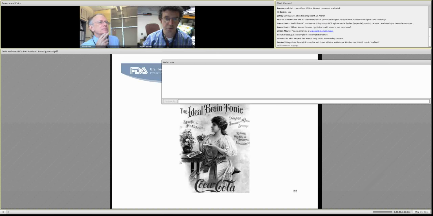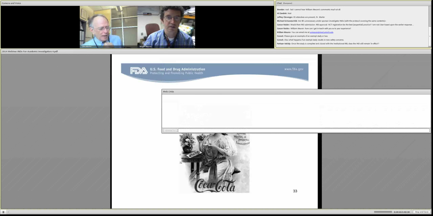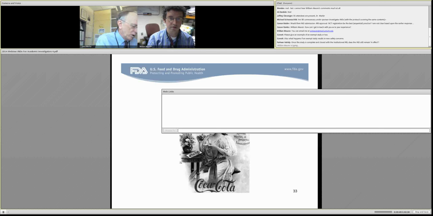Oh, here comes one. Once the study is complete and closed with the institutional IRB, does the IND still remain in effect? That's an interesting question. I believe you can make a final report and close the IND.